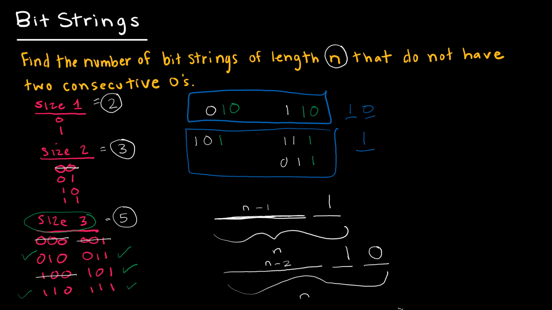So again, why is this going to work? Because I'm taking all of the ones from 2 prior and just adding a 1, 0, and I'm taking all of the ones 1 prior and adding a 1, and that adds up to the total. So essentially, to find a sub n, I'm going to simply add a sub n minus 1 and a sub n minus 2.